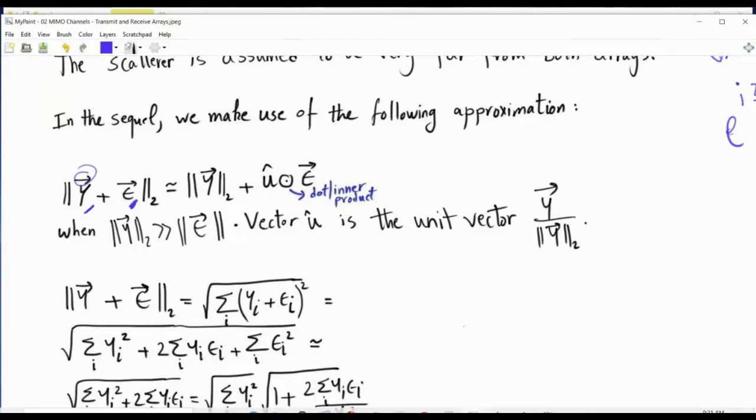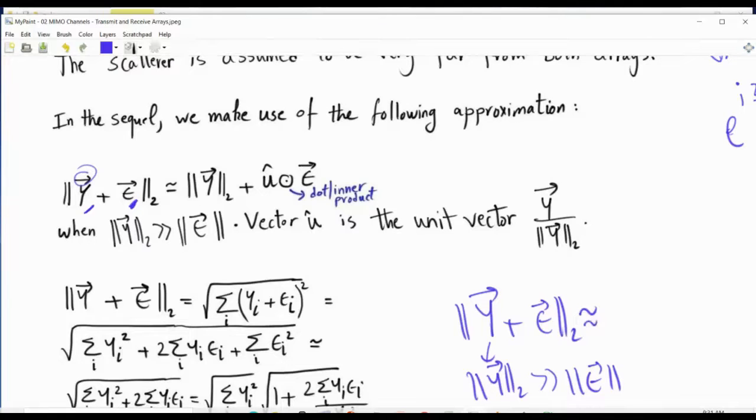Again, we have the L2 norm of y much greater than the L2 norm of epsilon. Then this is approximately the L2 norm of the big guy plus the dot product of u, the unit vector in the direction of the big guy, with the small guy. As we'll see, this approximation will make our lives easier.